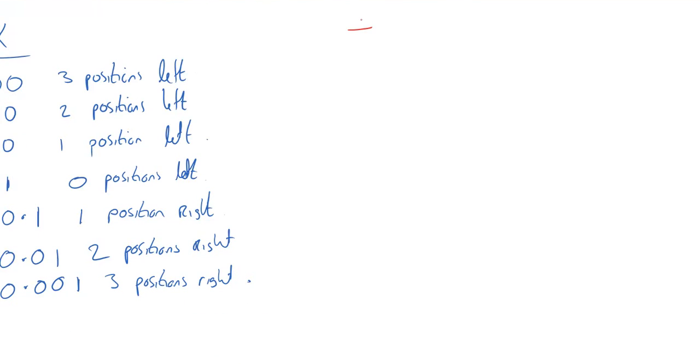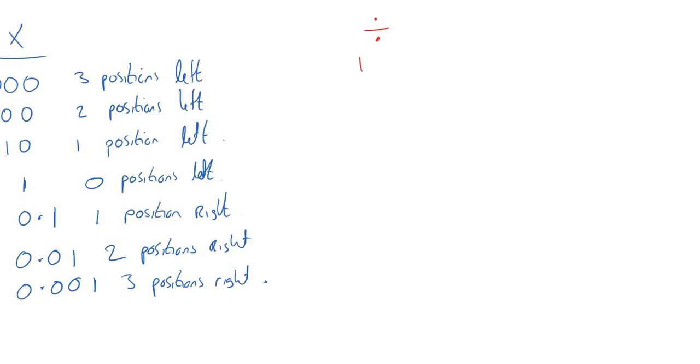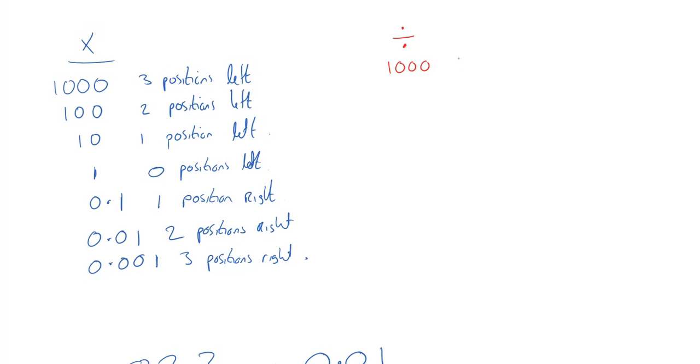Now, exactly the same pattern, but opposite, is true of division. If we start doing division, we know that if we divide by 1,000, then we're going to be moving 3 positions to the right. We saw that in the previous examples. If I divide by 100, it's going to be moving 2 positions right.